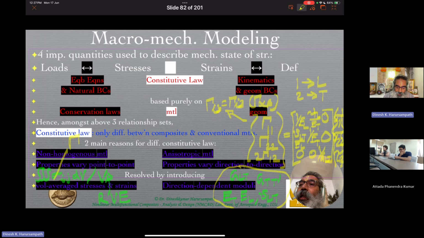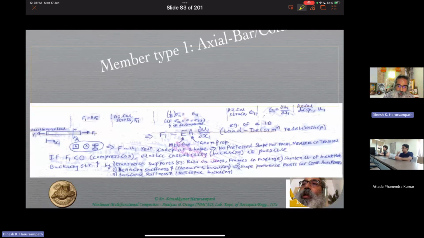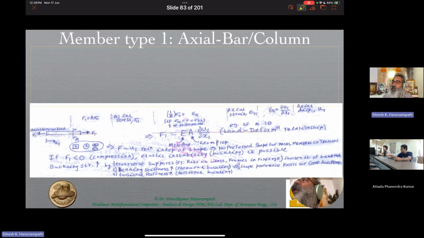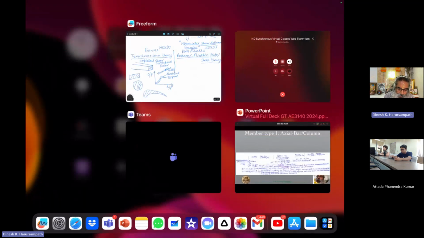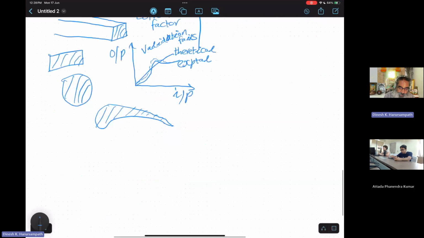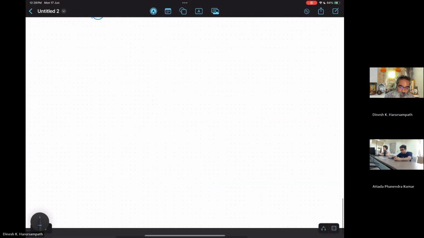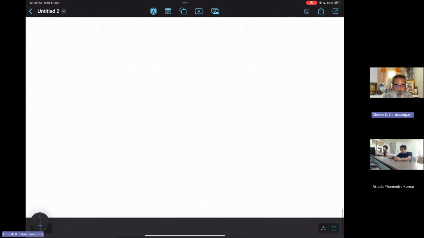Now, coming back to the buckling problem, let's get to the examples from things that you already are aware of. We'll start with the simplest of the examples, what is known as the axial bar or the column. So instead of getting this notes, let me just start afresh with something over here.